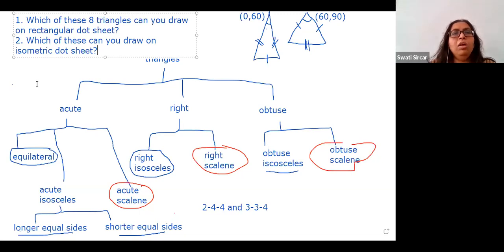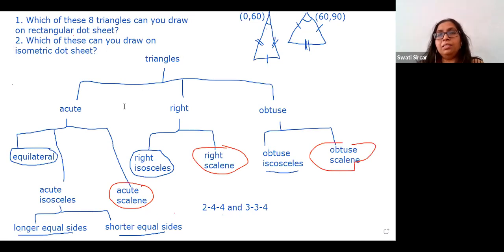If there is some triangle that you cannot draw on the rectangular dot sheet, then you need to think why it is not possible. Is it impossible, or are you just not able to draw it? Similarly, is it possible to draw all 8 on the isometric dot sheet, or is something just impossible?